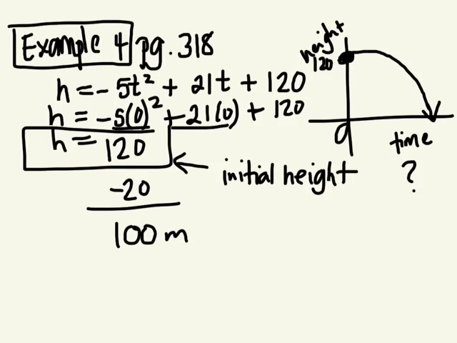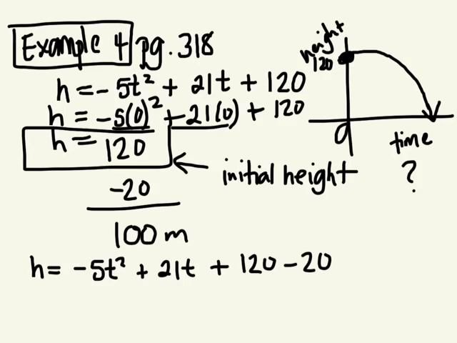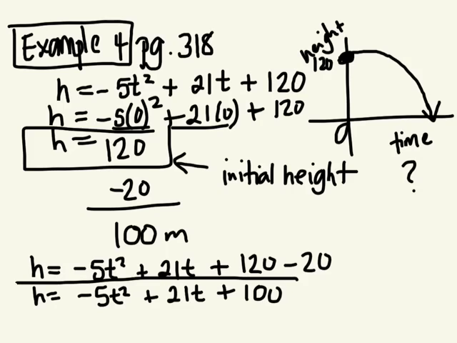Okay? So the original equation was h equals negative 5t squared plus 21t plus 120. But now we're taking away 20 because we want to know when it's 20 meters below that. So 120 take away 20. The new equation we're working with now is negative 5t squared plus 21t plus 100.